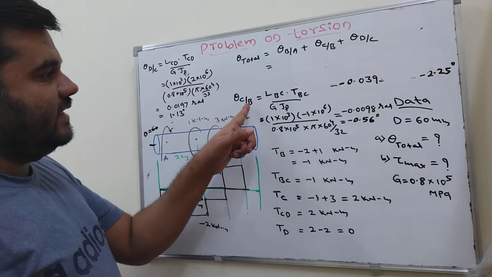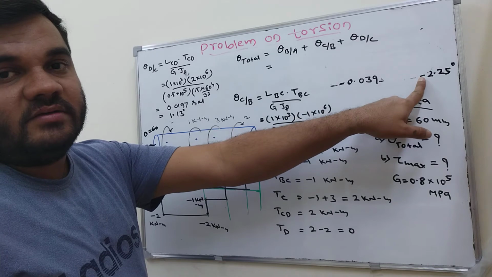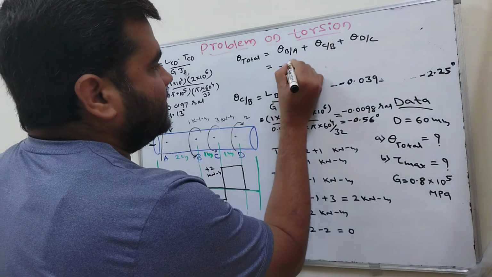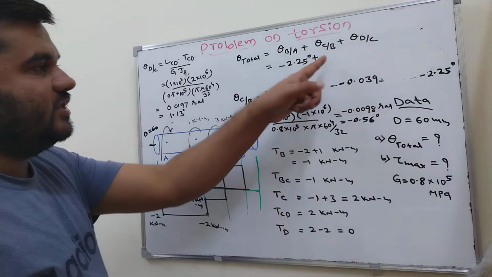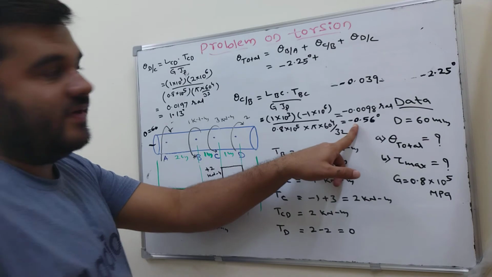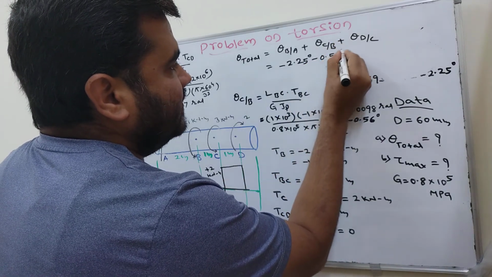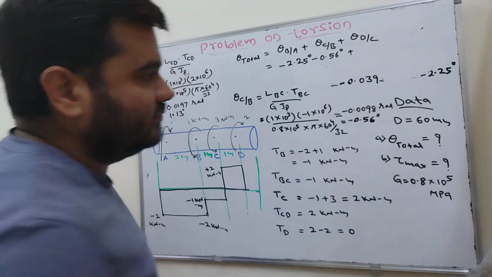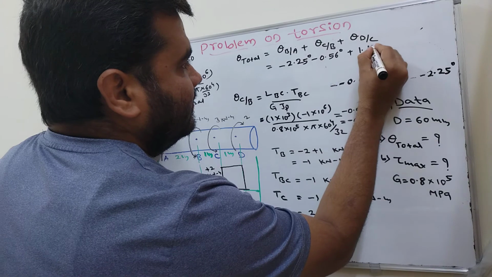B with respect to A, we have already calculated, that is minus 2.25 degree, plus here how much it will twist, that is minus 0.56 degree, next plus 1.13 degree.